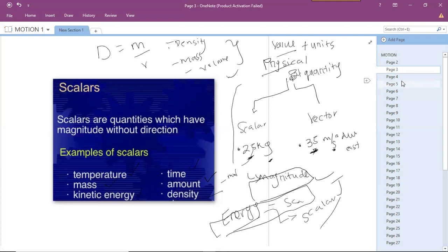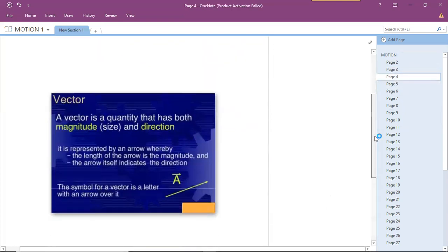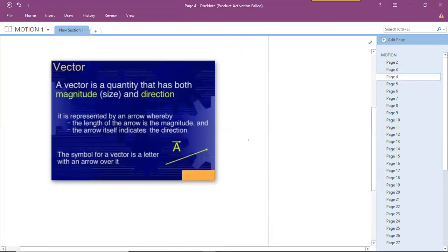Are we together on scalar quantities? Have you understood what scalar quantities are? All right. Let's move on to vector quantities, which can be a little bit complex because we have to know how to add two or more given vectors using the parallelogram rule or the triangle rule of addition of vectors.